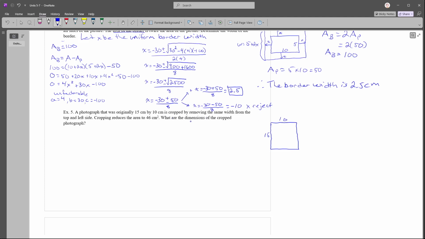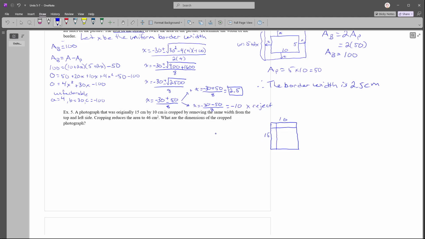Okay, so a length of 15 and a width of 10. So it is cropped. Cropped means cut smaller, okay? When you crop an image, you're cutting parts off. So it is cropped by removing the same width from the top and left side. So that means we're cutting off the same amount from the top and from the left.